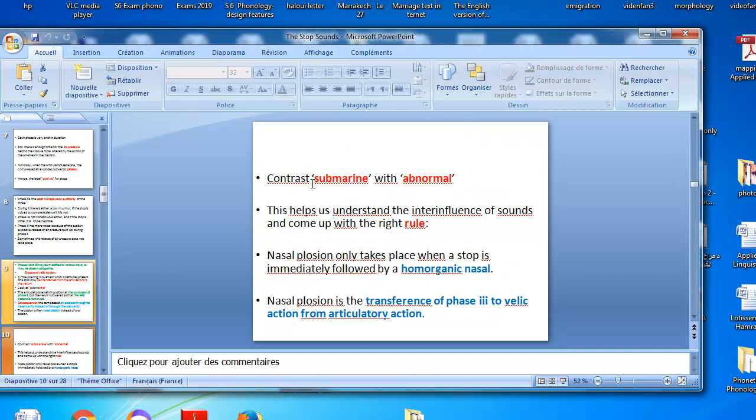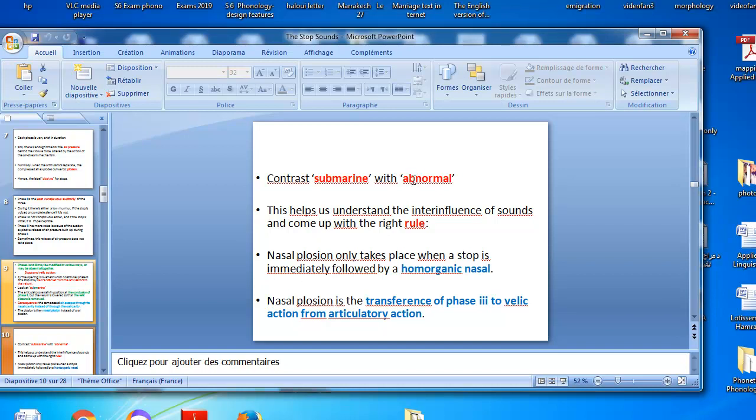Look, contrast submarine with abnormal. Is B in abnormal articulated in the same way as B in submarine? Which means, does phase 3 for B in abnormal take place, or is it absent?